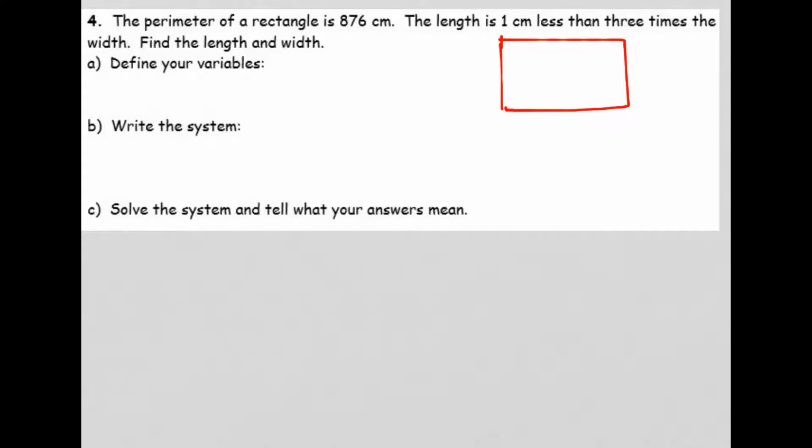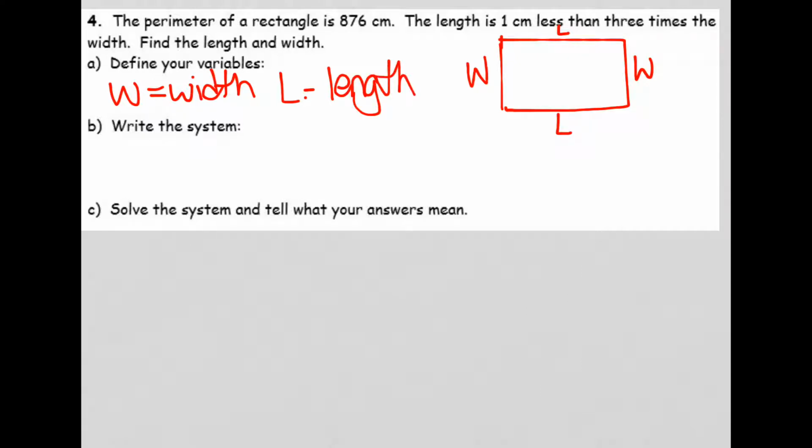What do we know? Here's a rectangle. The perimeter is 876. So this is like the width, length, width, length. What is perimeter? Well, I'm going to say that W is the width of my rectangle and L is the length of my rectangle. Those are my variables, so that's good. Perimeter. How do I find the perimeter? Well, that's when I add up all the sides.